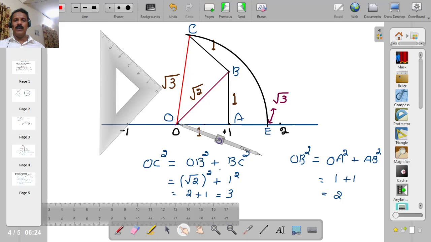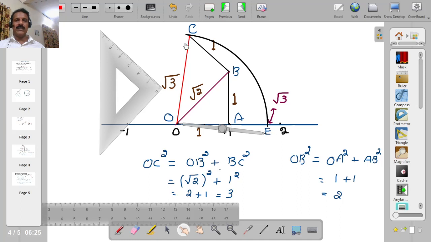Now we will be drawing a circle centered at point O and having radius equal to OC. This circle cuts the number line at point E. Now OC and OE are radii of the same circle, so OC is equal to OE.